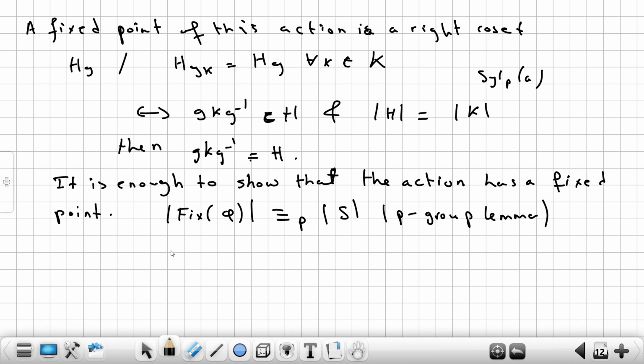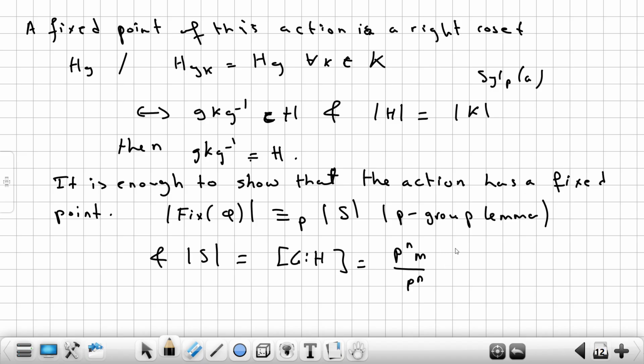Now the order of S is equal to the index of H in G, which is equal to p^n m over p^n, supposing that the order of G throughout. Okay, we can suppose here in this chapter that the order of group G is equal to p^n m, where p and m are relatively coprime numbers.